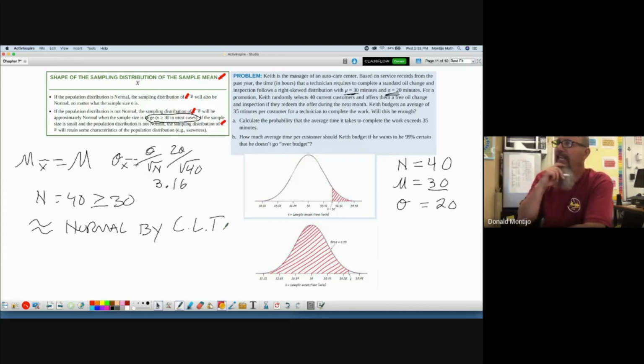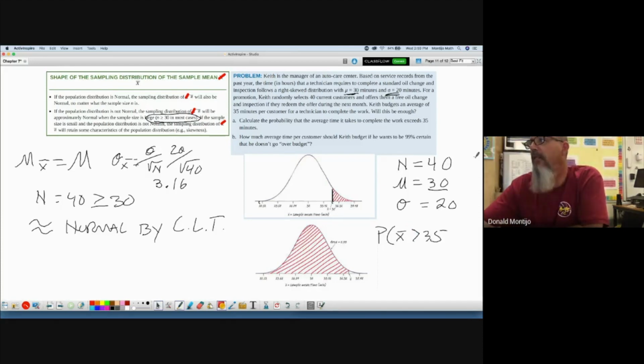We want to know the probability that it takes on average more than 35 minutes. So we draw our favorite picture, we put the mean, and then we go 1, 2, 3 standard deviations, and then -1, -2, -3 standard deviations on either side of the mean. So the question we're trying to answer is the probability that x bar is greater than 35.